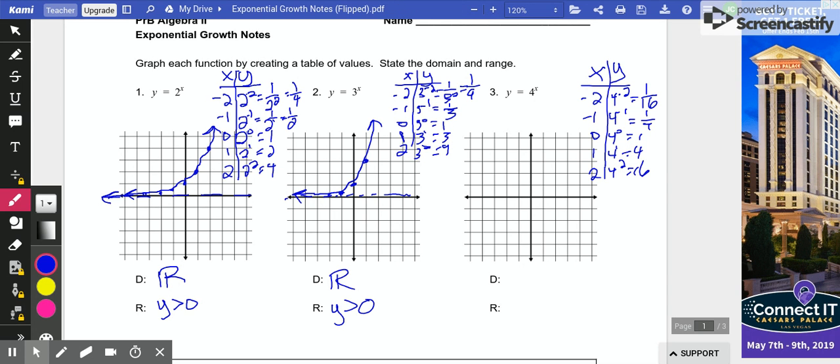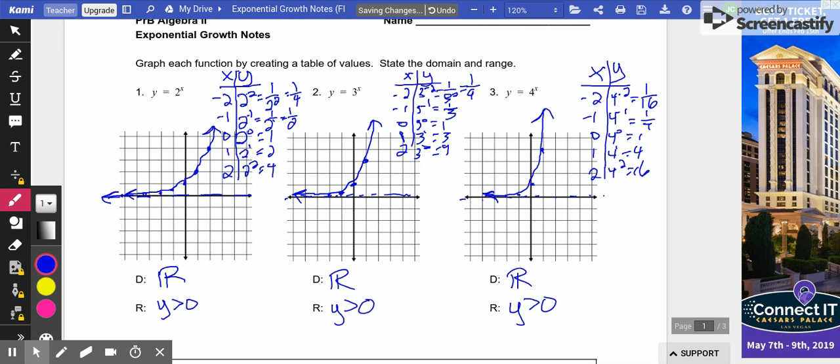These are really hard to graph. -2, 1/16, that's, yeah, whatever. -1, 1/4. 0, 1. 1, 4. And then 2, 16, I can't fit. And again, same graph. Notice it goes up even faster than the last one, and it flattens out faster as well. So all real numbers, and again, our range is y is greater than 0.